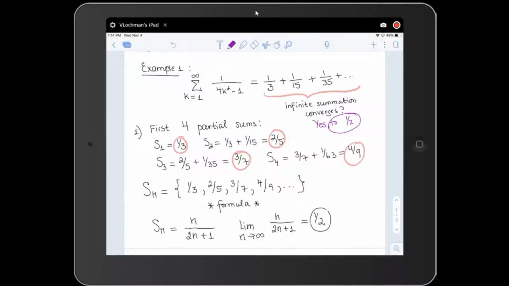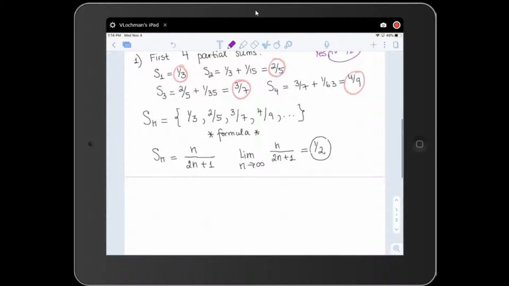Here's my sequence. Roughly, what are the terms here? It's 0.33, and then 0.4 for the second one, and then 0.429.